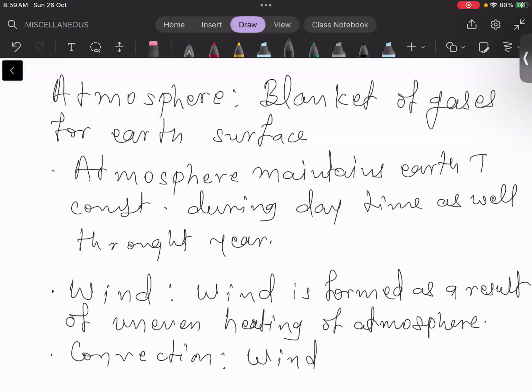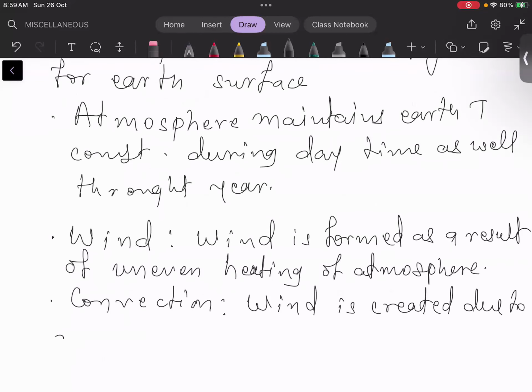Wind is created due to differences in temperature, and that is called convection, or advection.